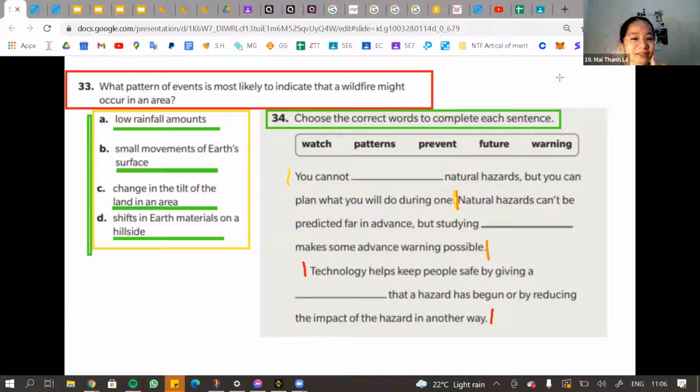Maybe I'll give you guys 2 minutes to find out the answer. Oh no, Lisa, this one's super easy, so just ask someone. Ask someone for the answer. I want to ask Alex, what is the answer for question 33?